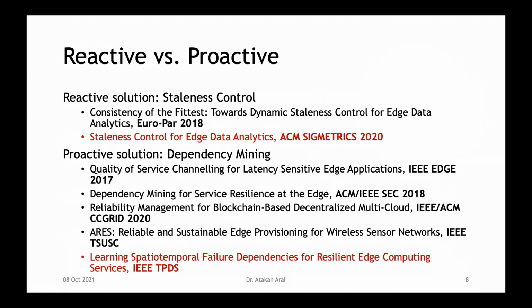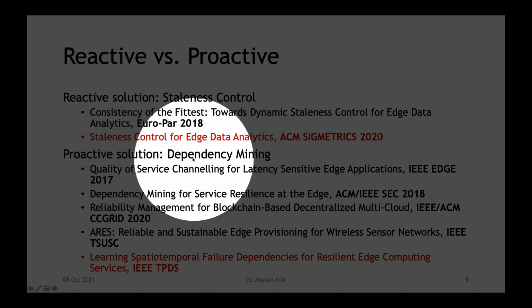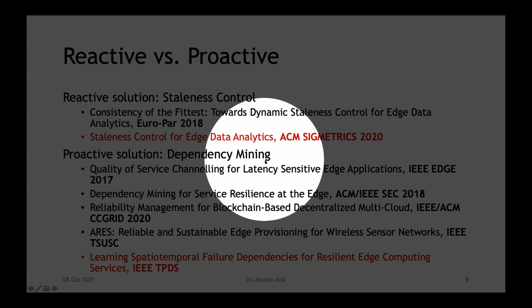And there are different solutions actually for failures, node and link failures at edge computing. Ivona has already, in the previous talk, talked about this staleness control paper, which is actually a reactive solution. So a network failure happens, some data doesn't arrive to the data center, and we are trying to prevent or minimize the negative effects. But in this tutorial, I will talk more about a proactive solution that we call dependency mining.